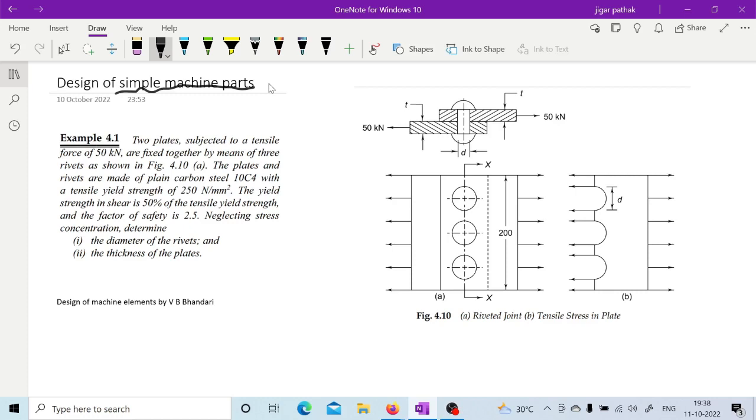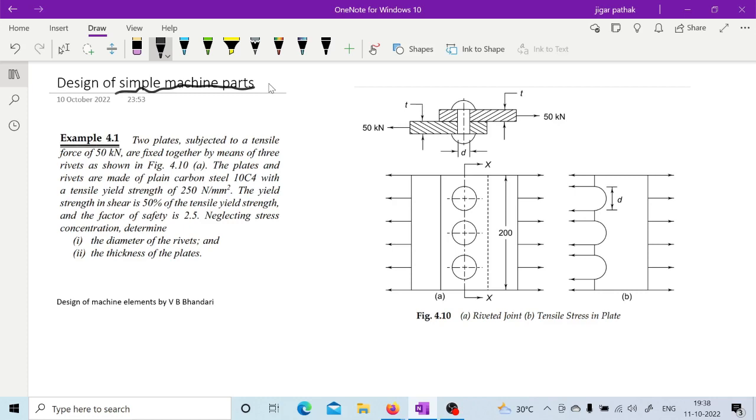The very first thing is you will analyze the different types of stresses acting on the component. Approximately you will calculate those stresses, right? You are not going to consider all the things. You may neglect the stress concentration and so on, but at least you are going to calculate the different types of stresses acting on the component which you are designing.